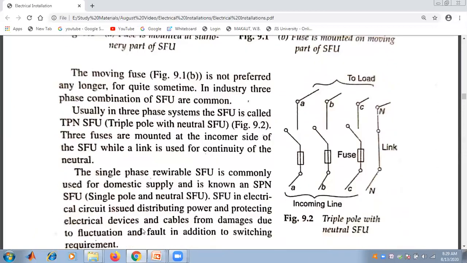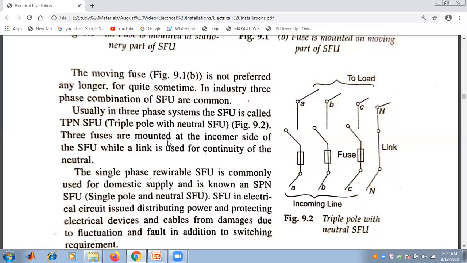Usually, in three-phase systems, the SFU is called the TPN SFU or triple pole with neutral SFU, and it is clearly seen in this figure.